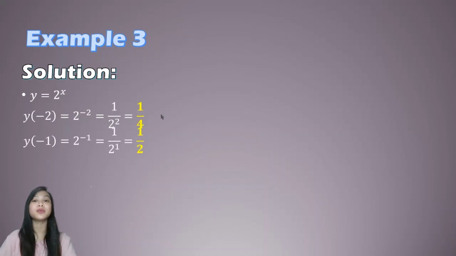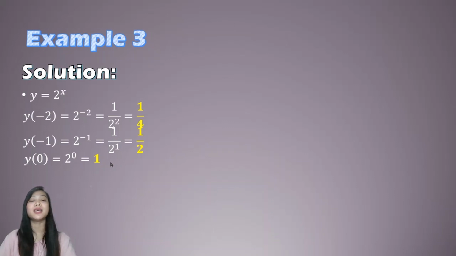For y of negative 1, we have 2 raised to negative 1, which is 1 over 2 raised to 1, that is 1/2. For y of 0, we have 2 raised to 0, which is positive 1.